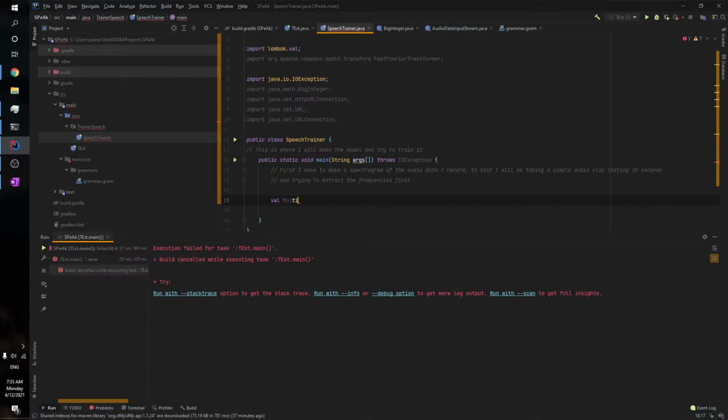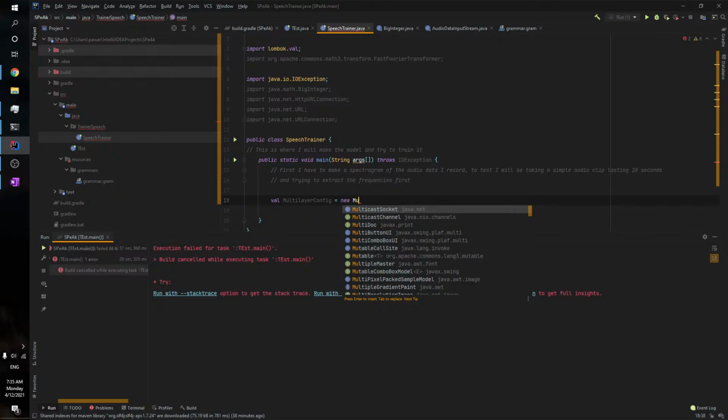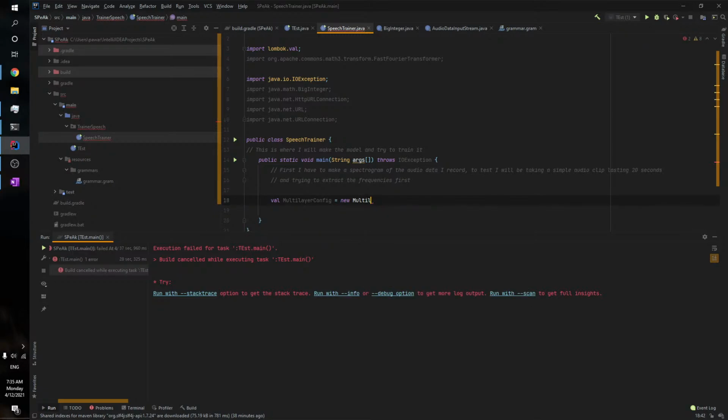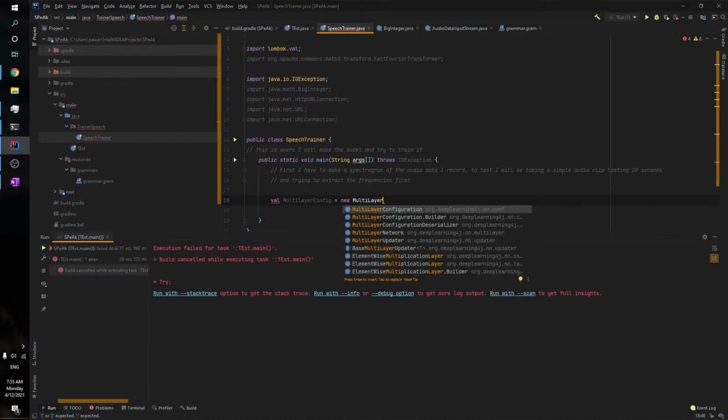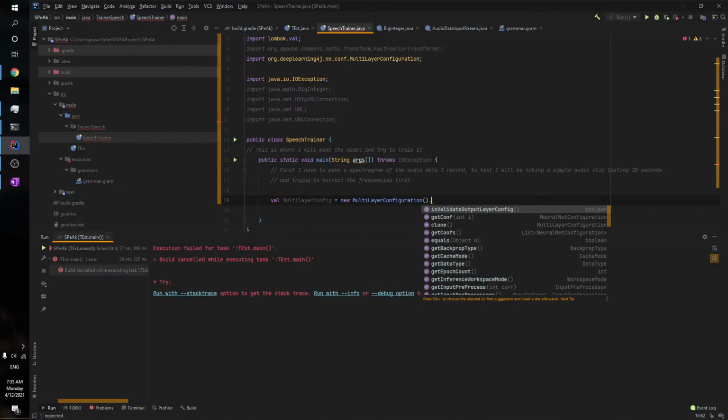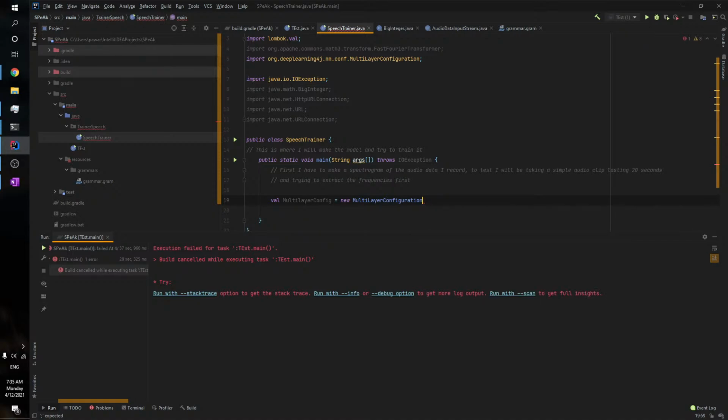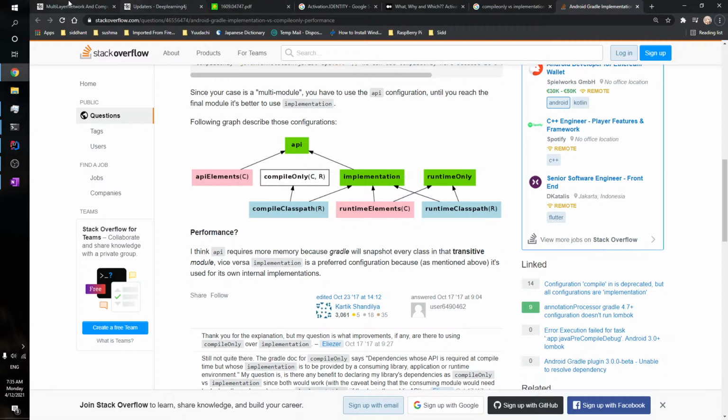We have a MultiLayerConfiguration, config is equal to new MultiLayerConfiguration dot... Let's take a look at it again.